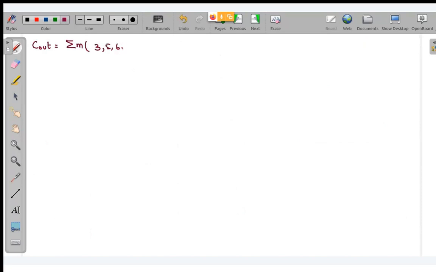I can write Cout in terms of A, B and Cin. 3 will be written as A complement B Cin. 5 will be written as A B complement Cin. 6 will be A B Cin complement, and 7 will be A B Cin. Okay, I can write it like this.